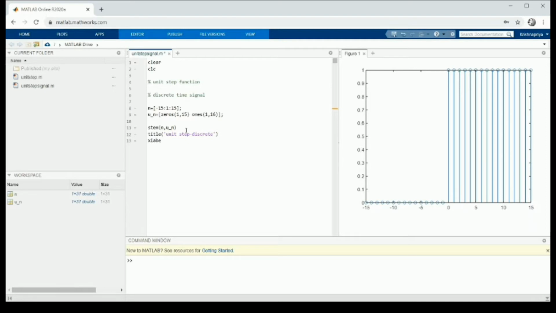What I am having in my x-axis, n, then y label. It is amplitude.